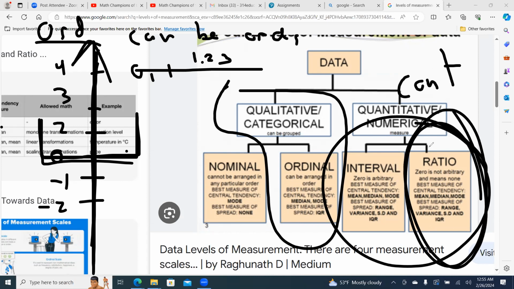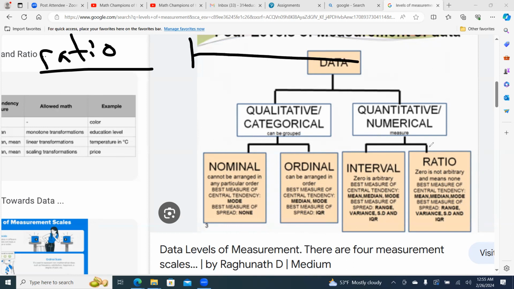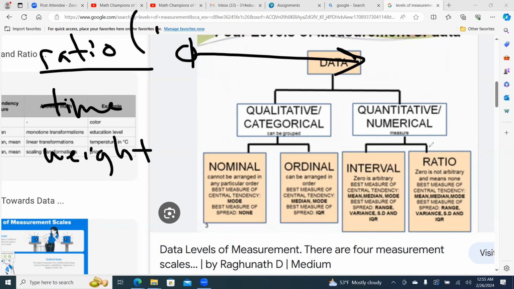That's what ratio is: infinitely many values, 0 or higher. So time, all measurements, weight. Ratio and continuous are almost always interchangeable.